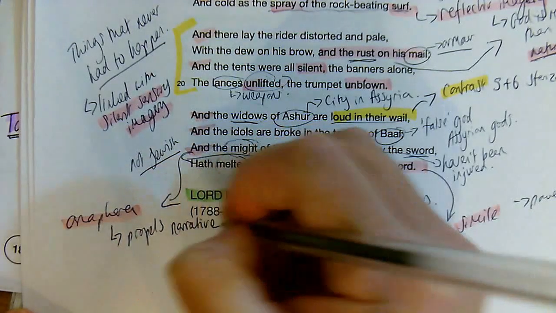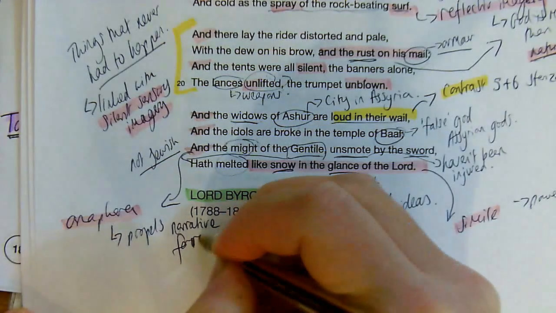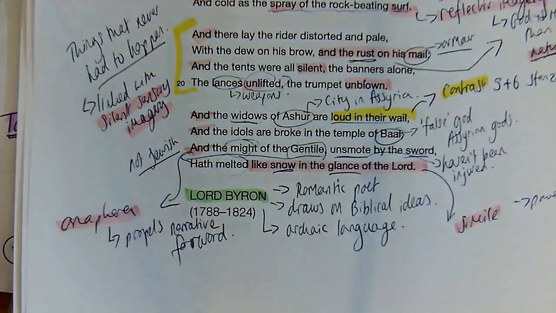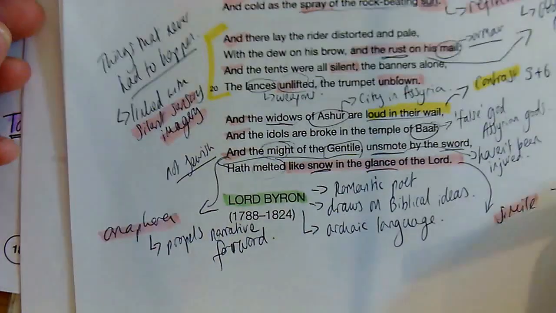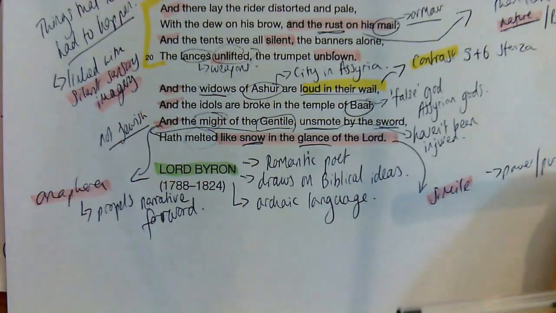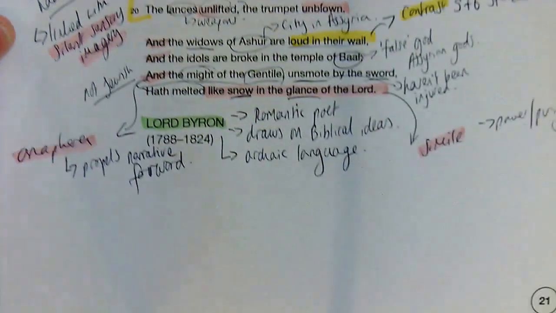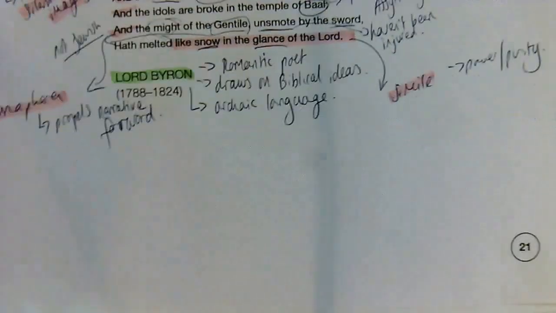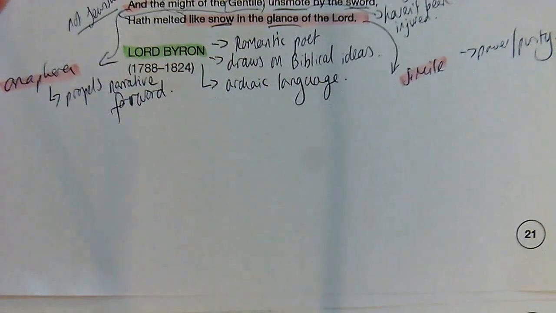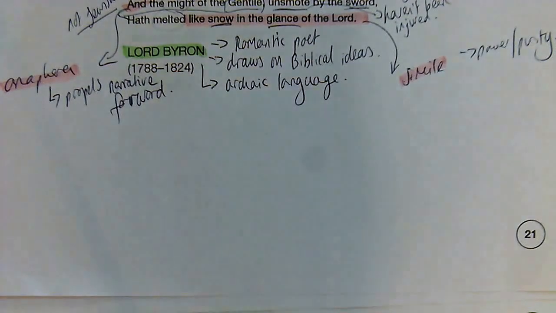As if it's unstoppable. So at the start of the poem it seems that the Assyrian army are unstoppable, but actually how great their fall is. In the end, it's only the power of the Lord that prevails and is unstoppable. So what are some of the messages from this poem?